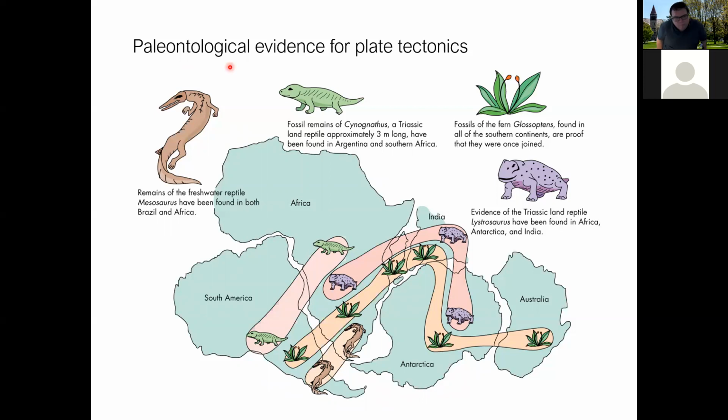In the case of plate tectonics, what people were doing was basically directly observing the same species of fossils on different continents in time-correlated stratigraphic units.